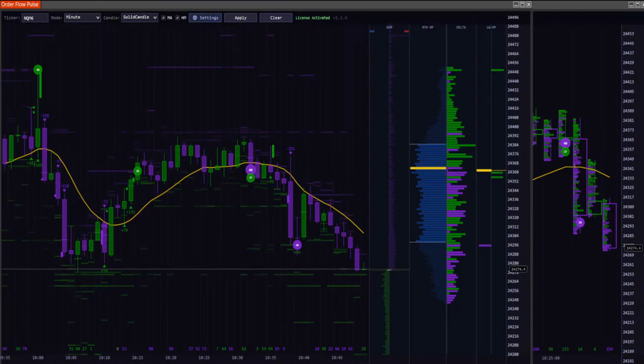We need to break that area right there. On the 5-minute, look at the delta forming. We've got to break that area. We're breaking that area, we're coming down to there, and I'm just going to go ahead and take my profits. I don't trust this.